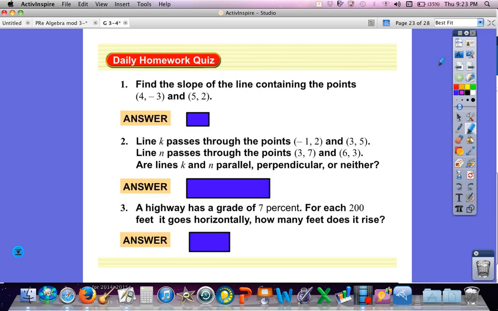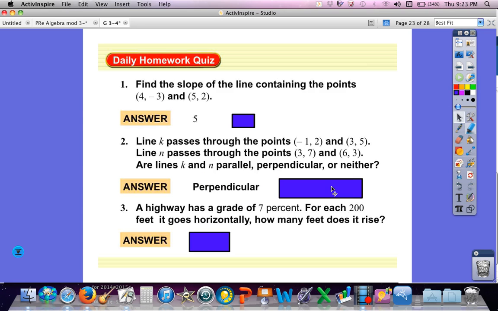So, daily homework review. I'm going to give you a minute to pause the video. Okay? And then I'm going to pull these away. So you can find the slope of this one, it's 5. Find the slope of these, perpendicular.